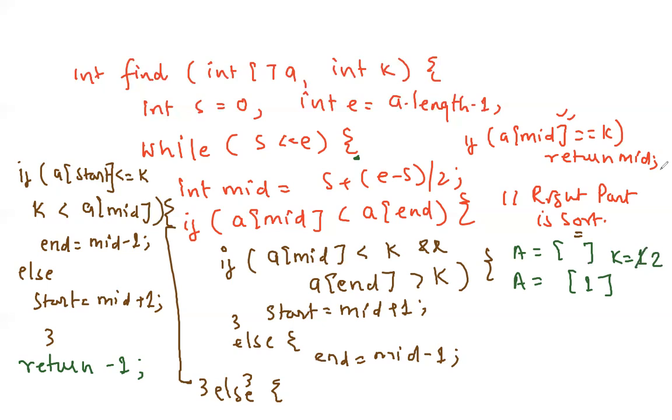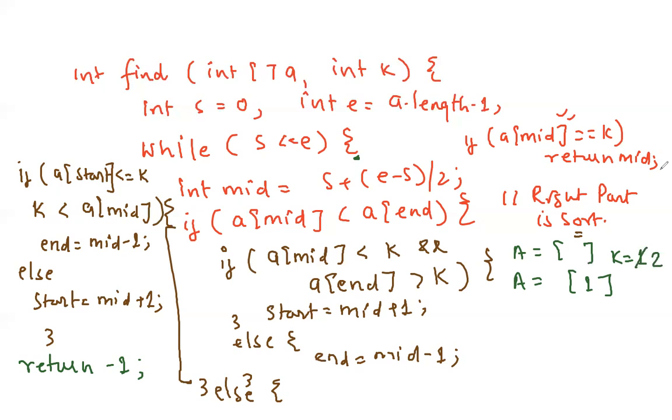So my mid is 0, and it won't go into that condition. So end is equal to mid minus 1, which is minus 1.